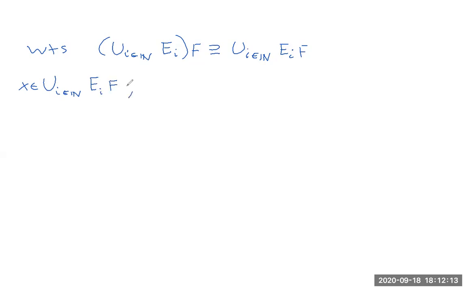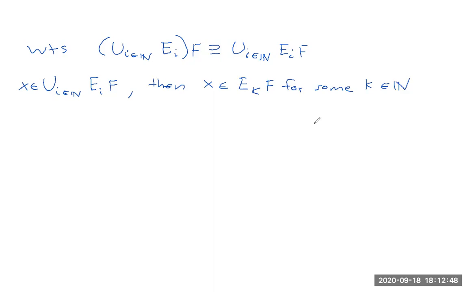If x is a member of that set, then x is a member of E_k intersect F for some k an element of the natural numbers. So this follows by the definition of x being a member of a union.